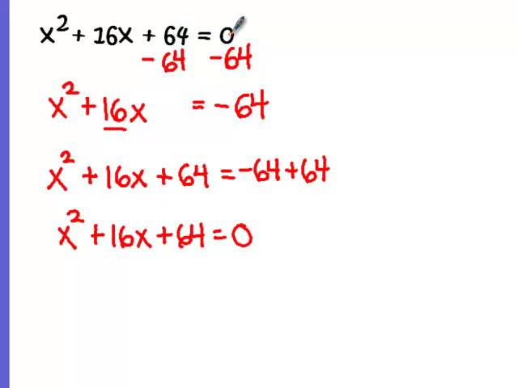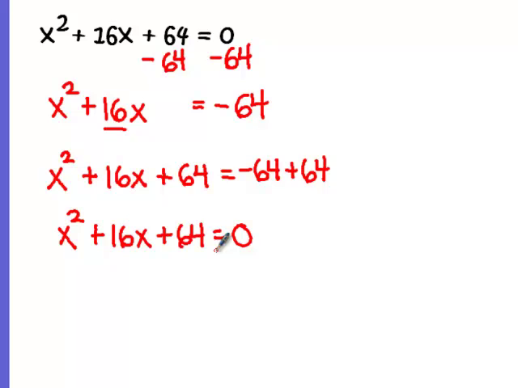Because this equals 0, always check to see if you can factor it right away, because then you can eliminate steps 1 and 2, and you can go right to 3, which is just factoring. And if you forget to see if that factors, you go through the steps, you'll end up exactly with what you started with. So either way will work for you.